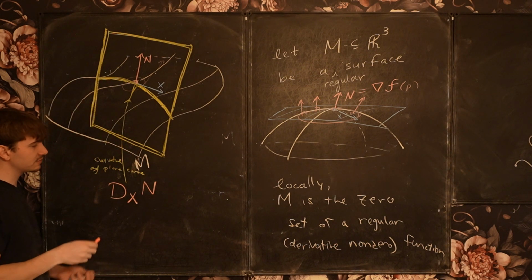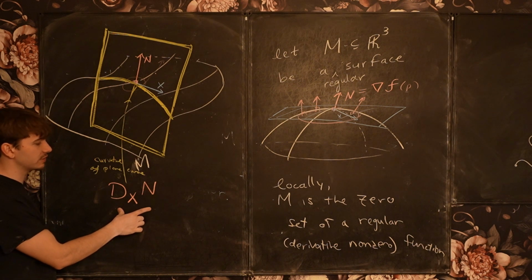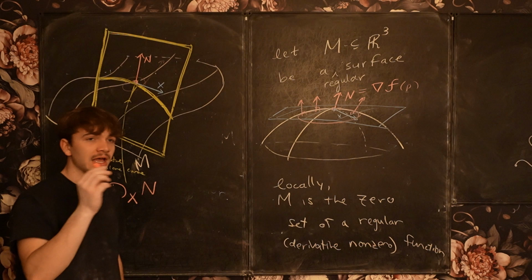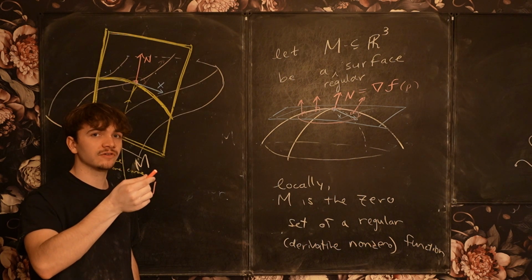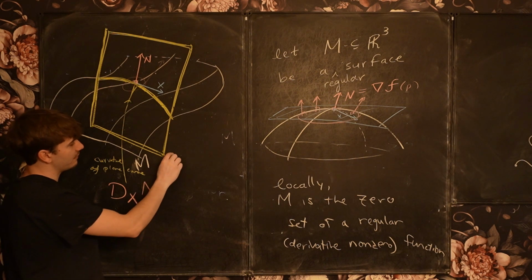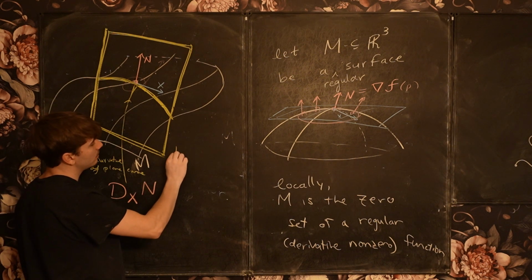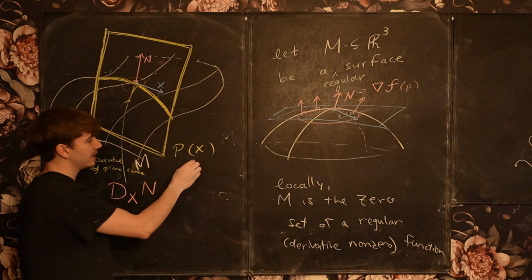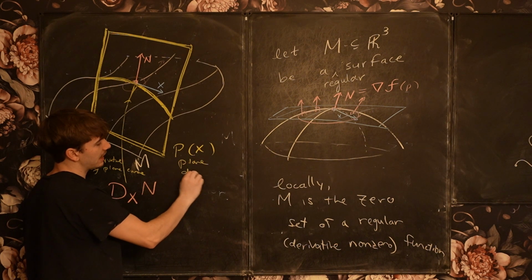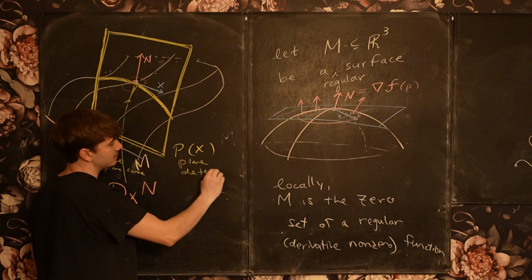If I ask for the magnitude of this directional derivative, it's essentially asking how much the normal curve is bending along this plane. Let's call this plane P of x, the plane determined by x and n.